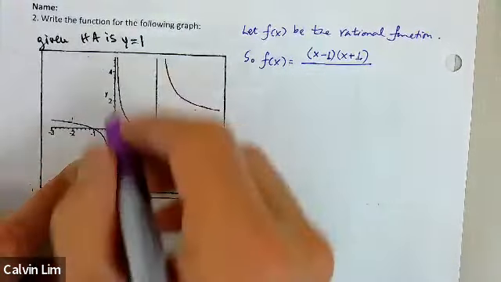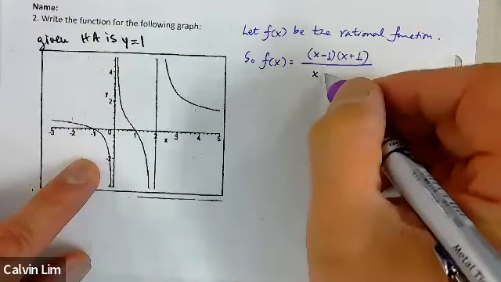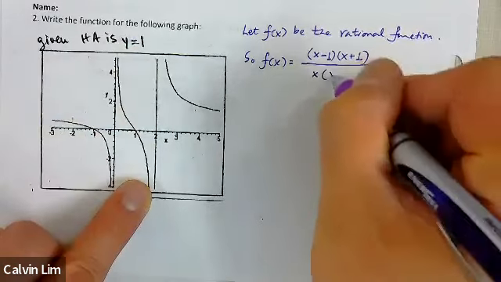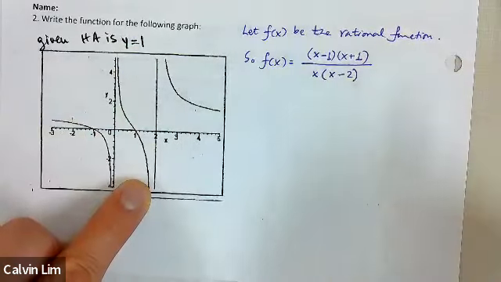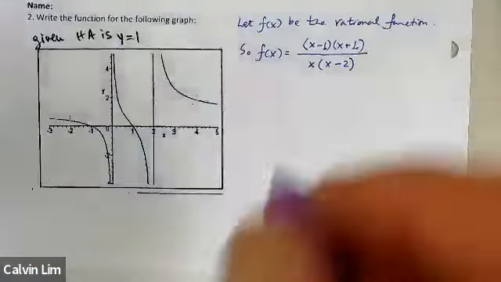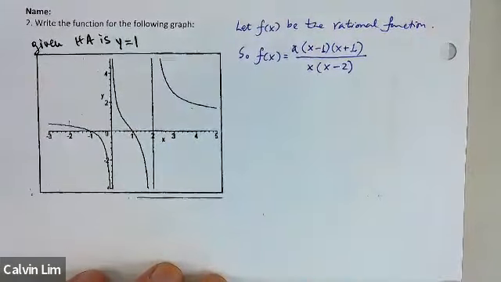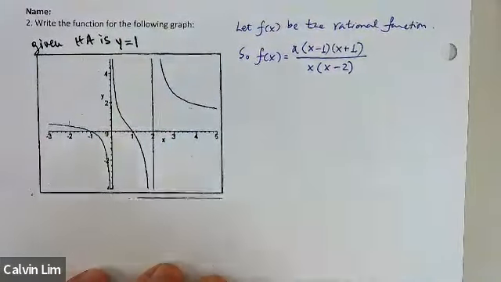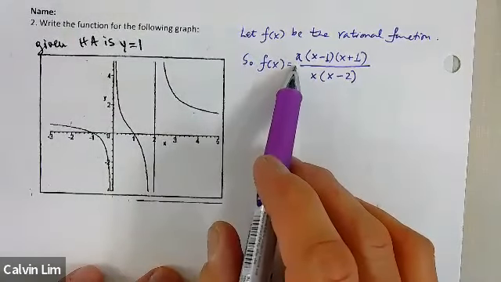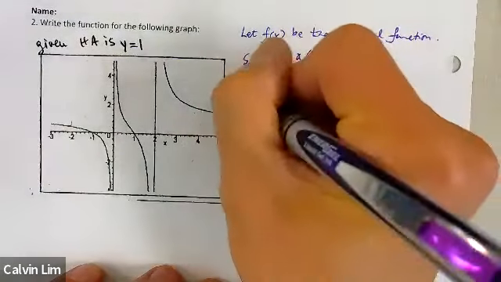So x equals 0 is associated with the factor x, and this is x minus 2. What's missing? We still have a coefficient a. So what is a associated with? The horizontal asymptote.